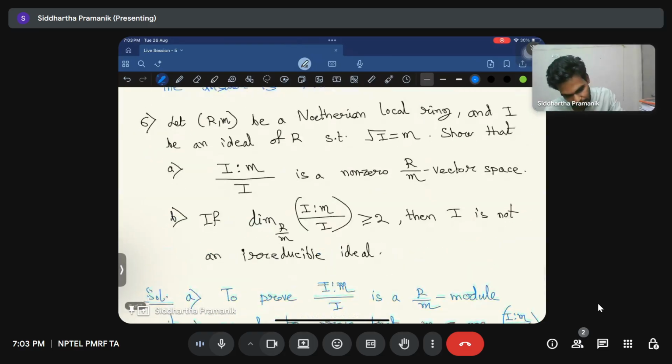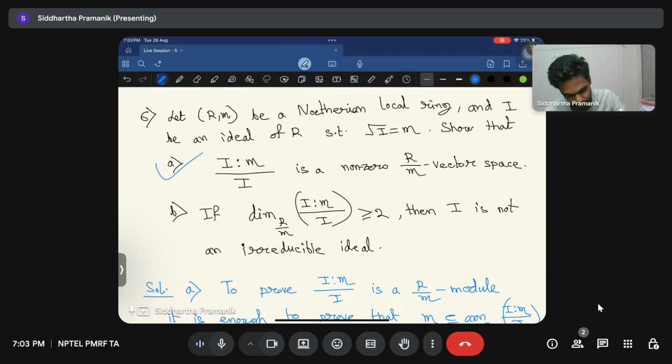So this proves the first part of this problem, that this quotient is a non-zero R mod M vector space.